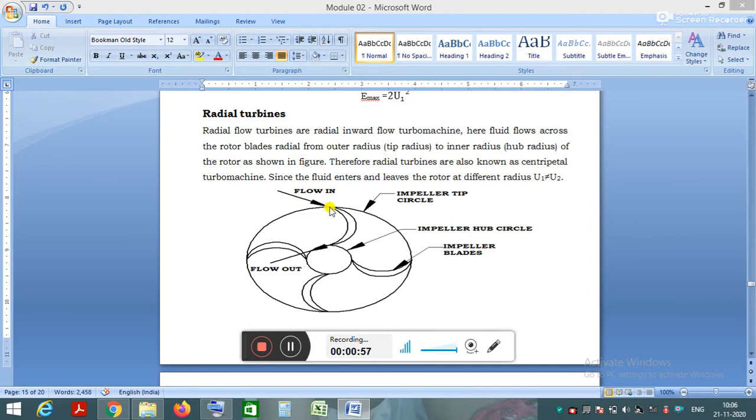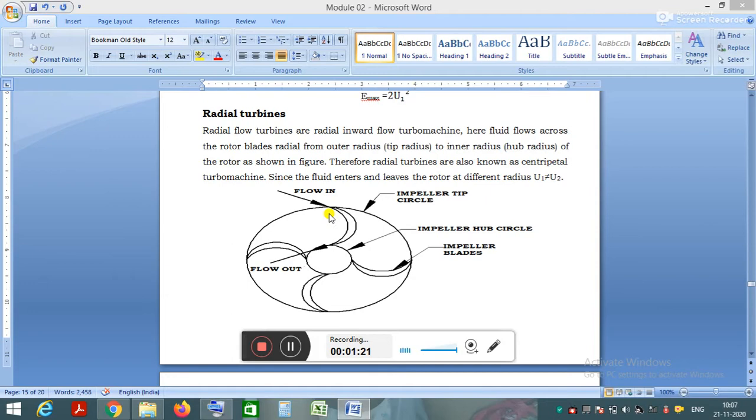Therefore, radial turbines are also called radially inward flow turbo machines, in which the fluid flows across the rotor blades. These are the rotor blades.